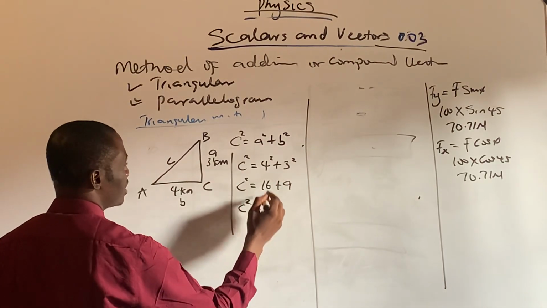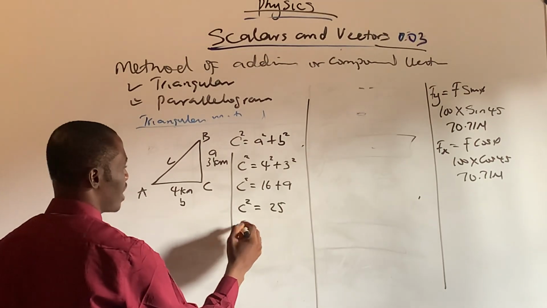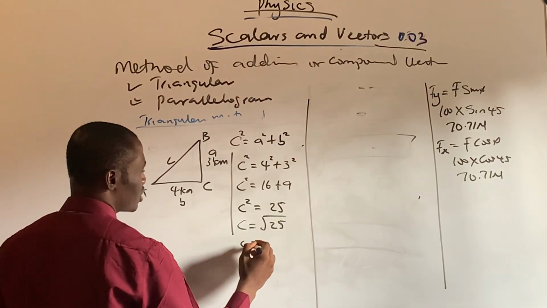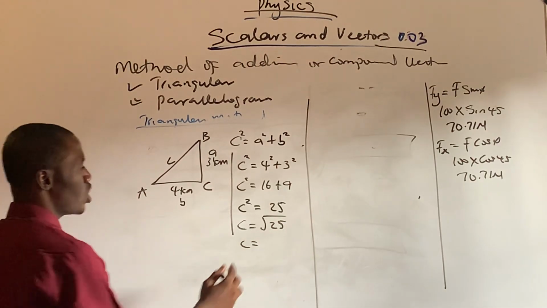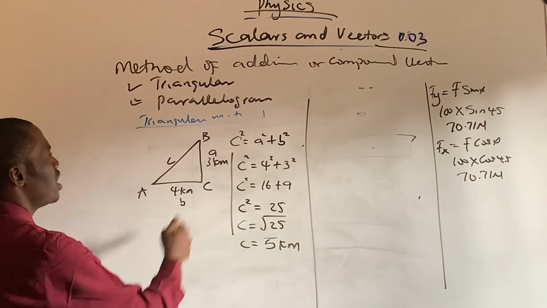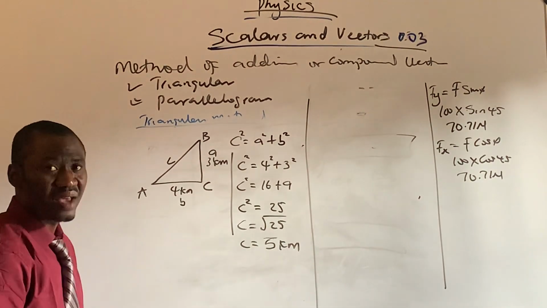Then c squared is equal to 25. Transfer the square to this 25, so that c is equal to the square root of 25, which is 5 kilometers. So the displacement of the body that is traveling is 5 kilometers.